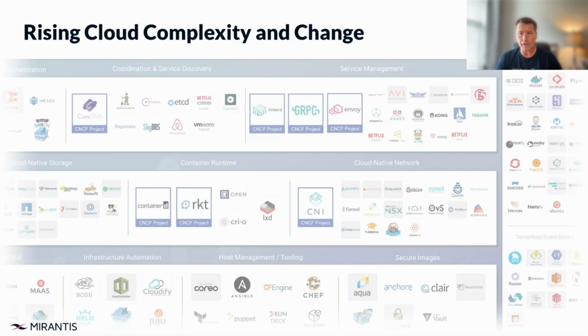And I'm sure that everyone has seen this or some other type of busy screen that's going around in the world right now. But this just drives home the point that there are a lot of things going on within the CNCF world.